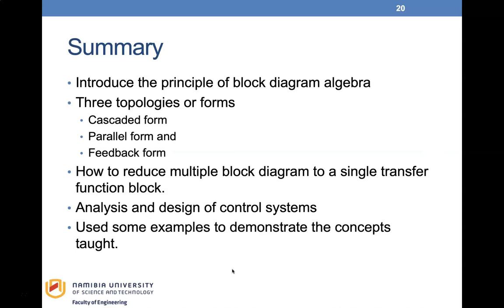The concepts taught were used to demonstrate how to use them for analysis and design of control systems. Some examples were then presented, and that's what we've covered. In the next lecture, we will be looking at the signal flow method and the Mason's rule.